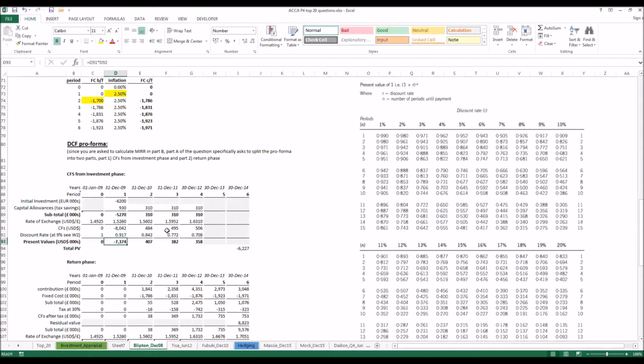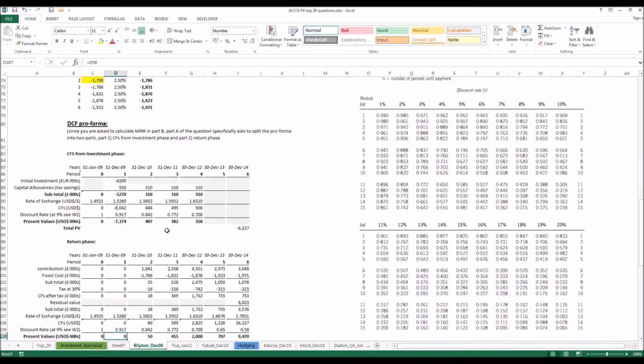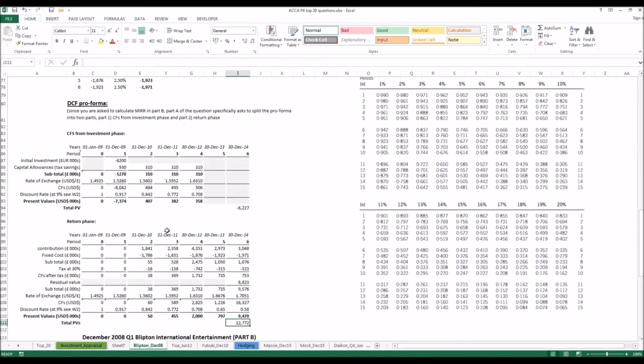So if you think about it, once we've built in the exchange rate adjustment and the discount, we are looking at a present value cost of 7.3 million. That will be allocated against the positive present values from the actual contributions from the return phase of 12 million.